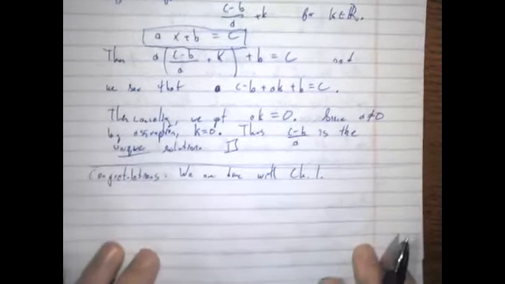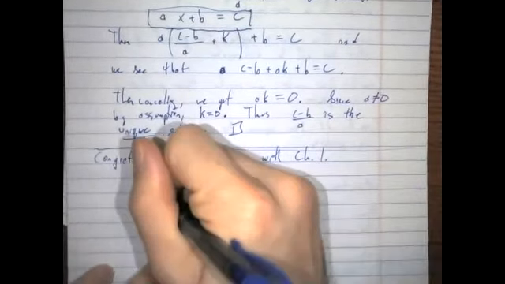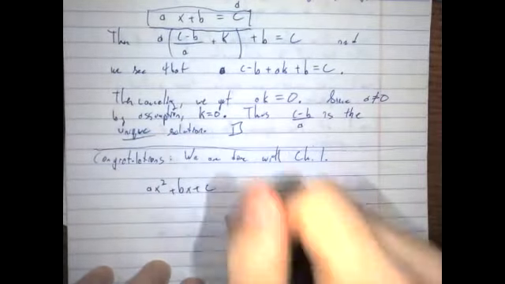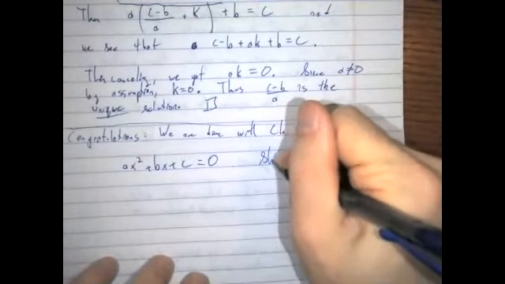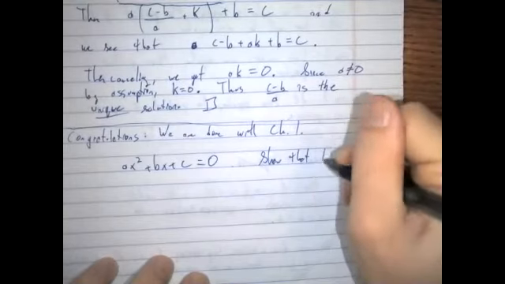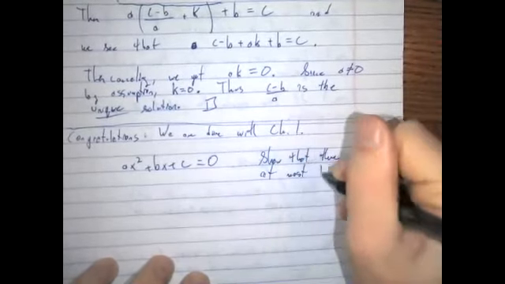Here's a brief example of a slightly more challenging example. So let's assume that we have ax squared plus bx plus c is equal to 0. Show that there are at most two solutions.